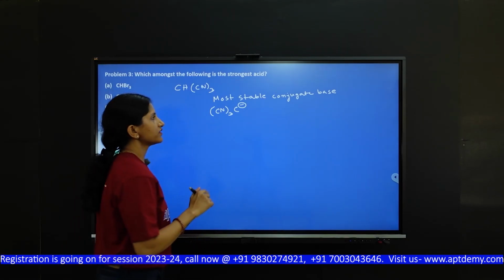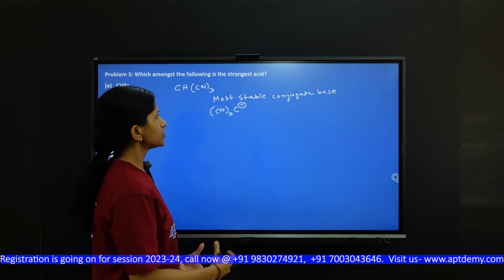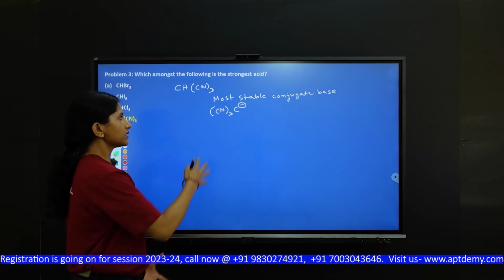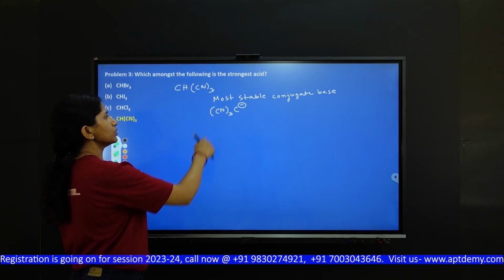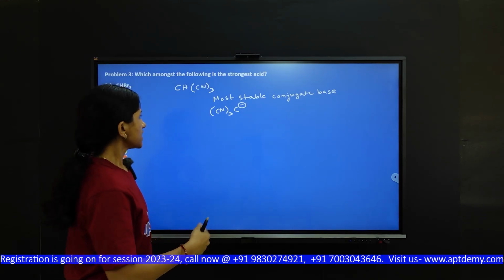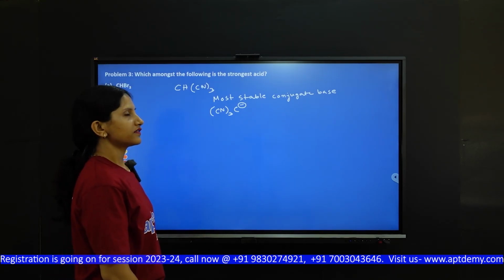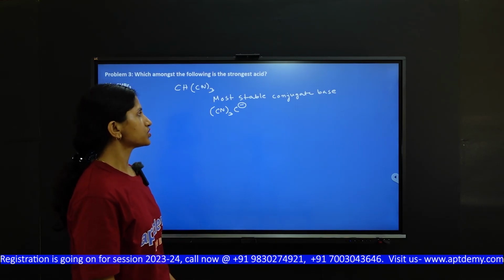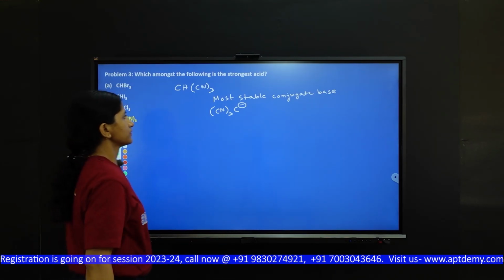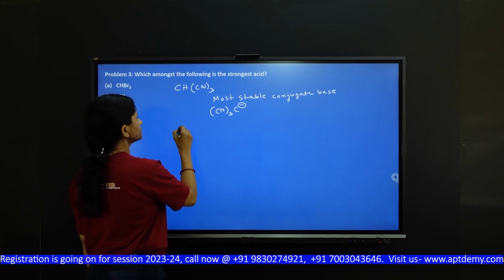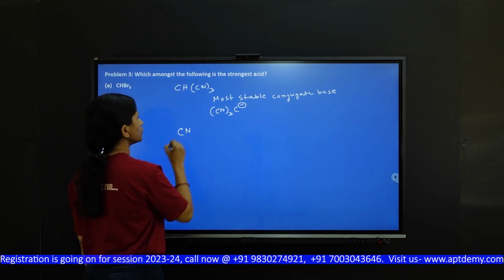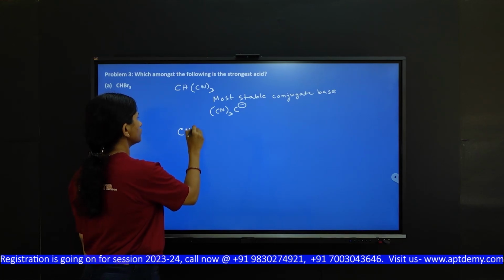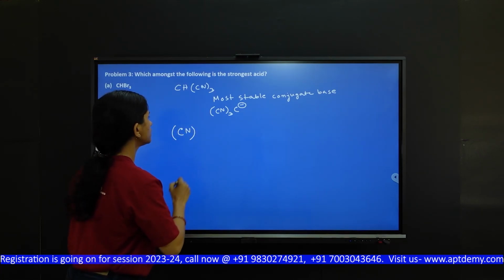So we will draw these resonating structures and we will show that the conjugate base of CH(CN)3, that is C(CN)3 minus, is the most stable among the given options. So we are going to draw these resonating hybrid structures, right?